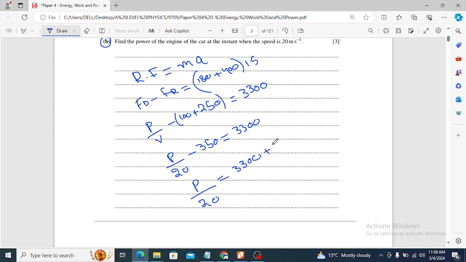So power over velocity is equal to 3300 plus 350, and it becomes 3650.